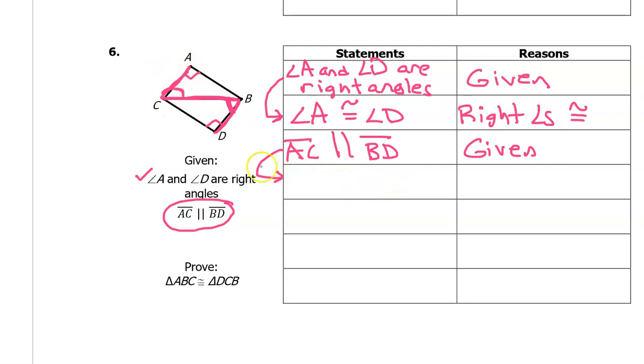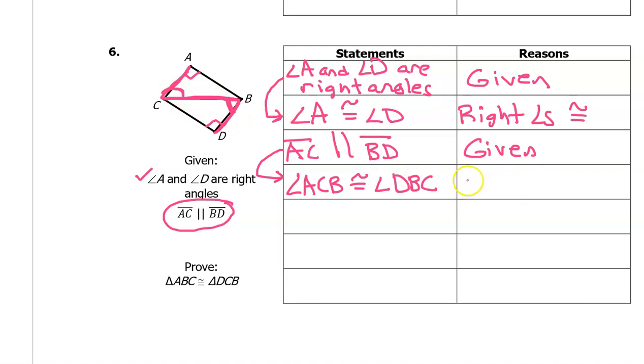You have to use the three-letter name. For example, angle ACB is congruent to angle DBC. The reason is that these are alternate interior angles.